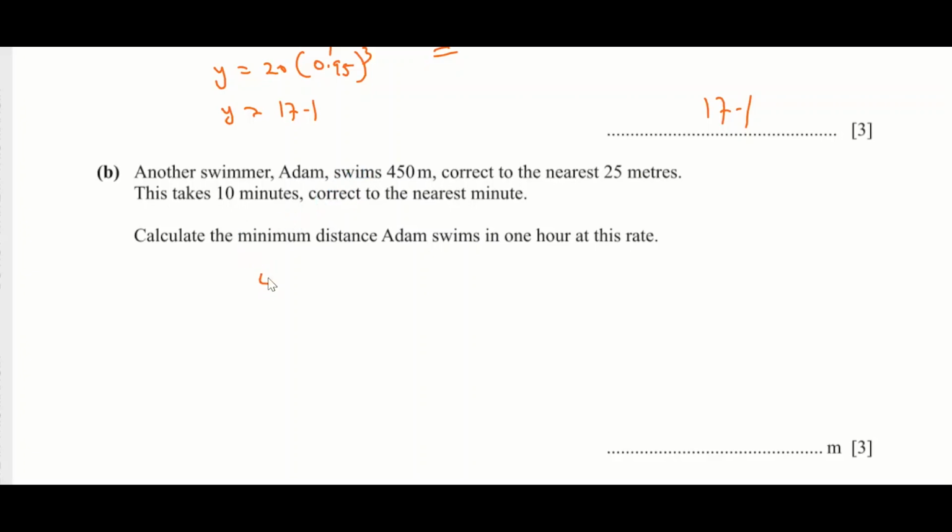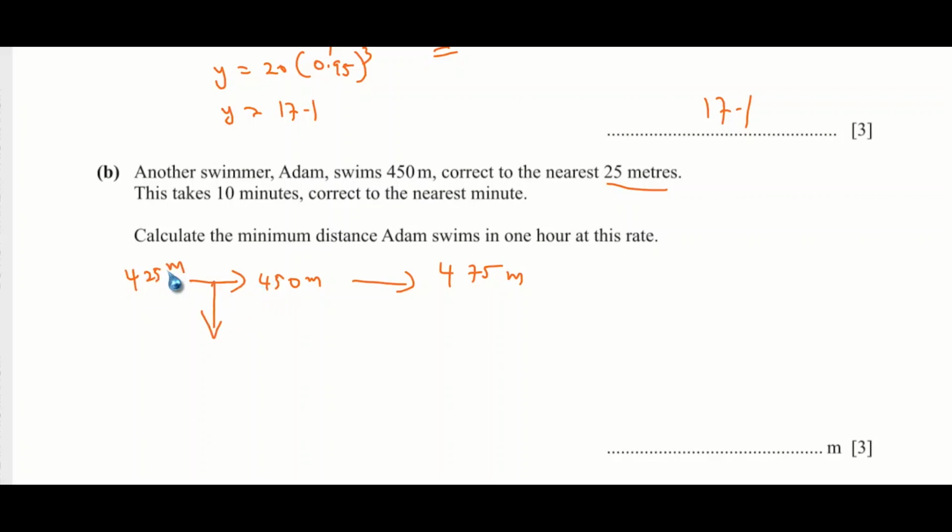Okay, that is for 400 meters. So it is correct to the nearest 25 meters. That means we count in 25. Okay, so the next one will be 425, we keep on adding 25 meters, and the one before it will be 375 meters. Okay, so the lower bound will be the mid number here.